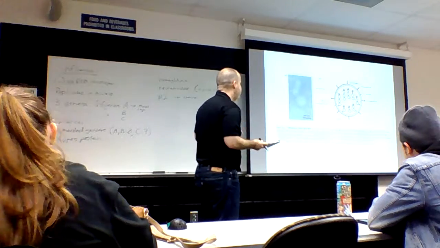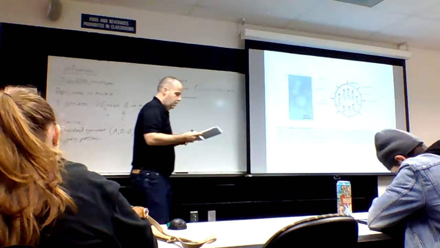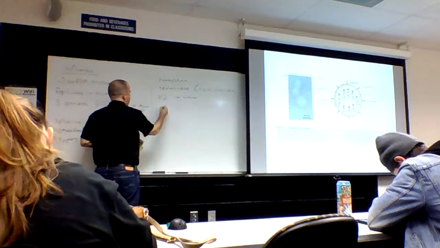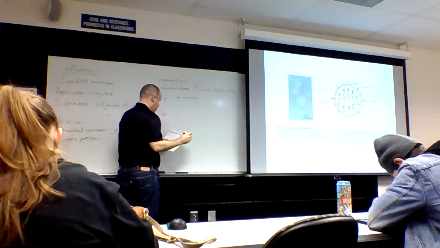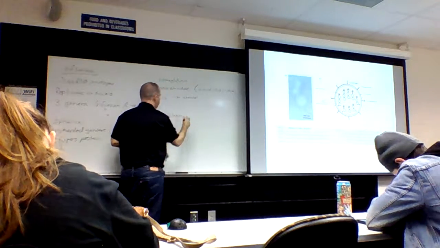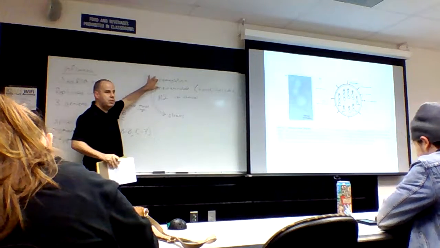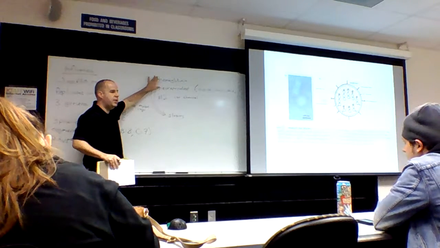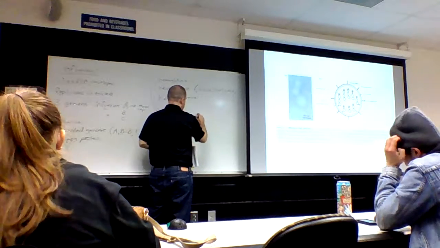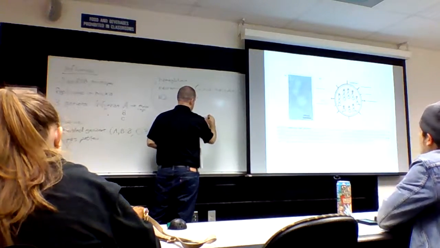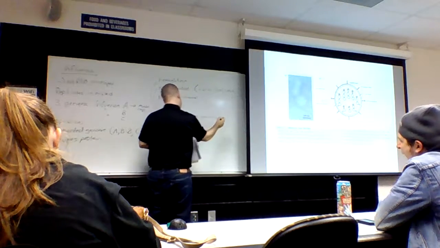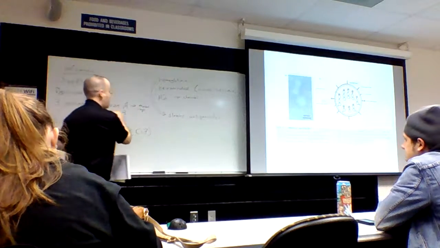Hemagglutinin and neuraminidase are responsible for strains. Different strains of influenza go by different types of hemagglutinin and neuraminidase, so that's the antigenicity of those two proteins.